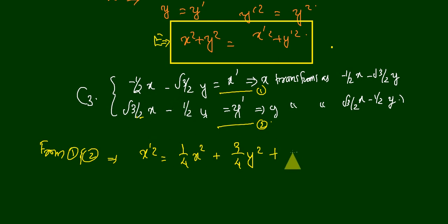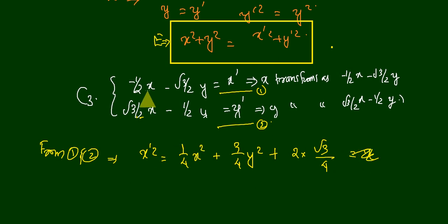So 2 into half into root 3 by 2 എന്ന് പറഞ്ഞാൽ root 3 by 4 ആണ് അല്ലേ? 2 into root 3 by 4 xy.